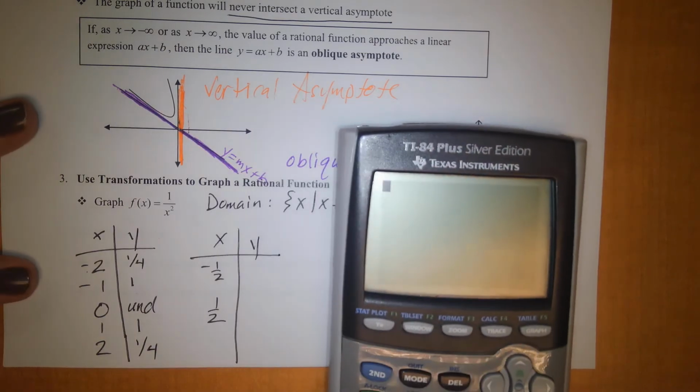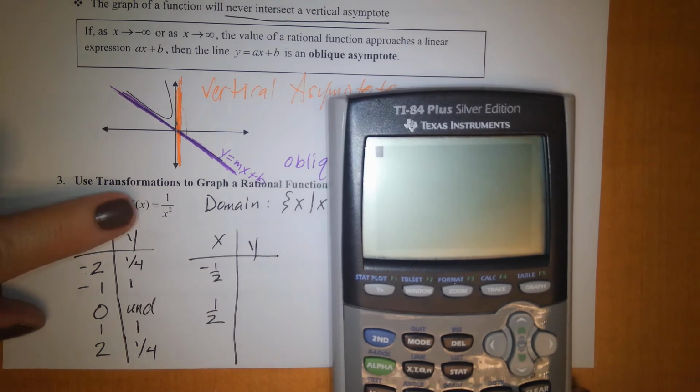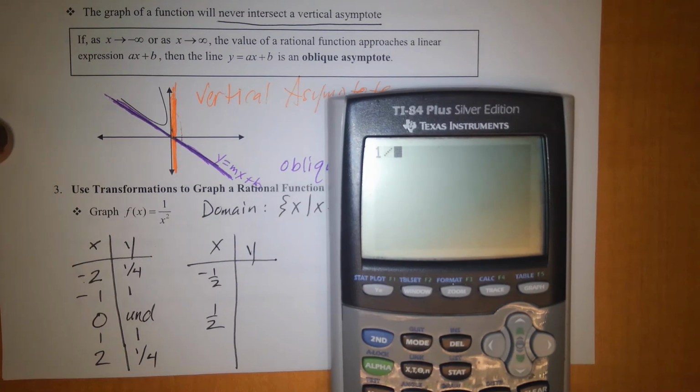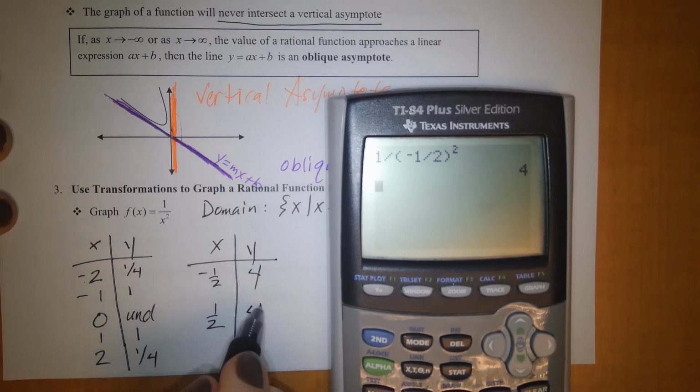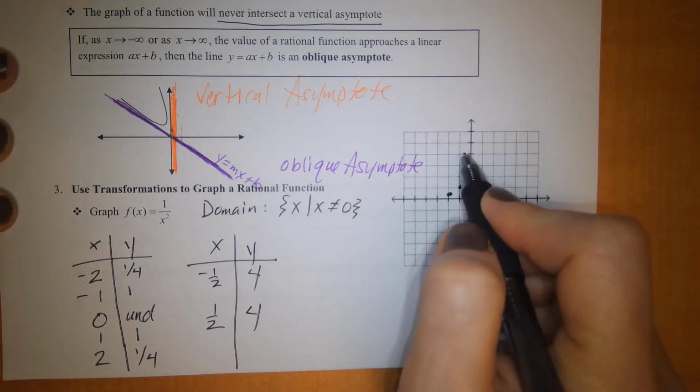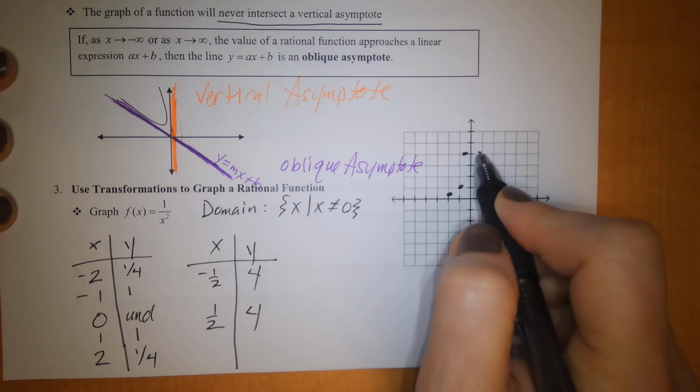So if I put this in my calculator, I have 1 divided by negative 1/2 squared, which is 4. And I'm going to get 4 for both of those results. So I'm going to have a point at negative 1/2, 4, and positive 1/2, 4.